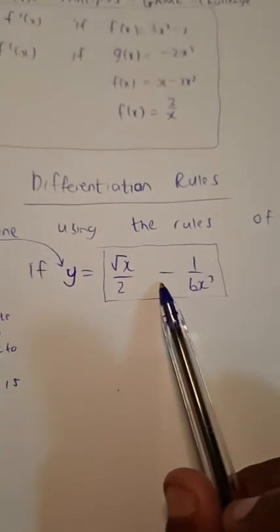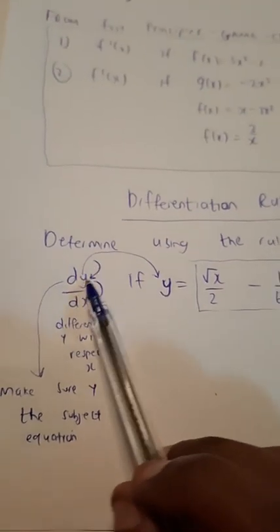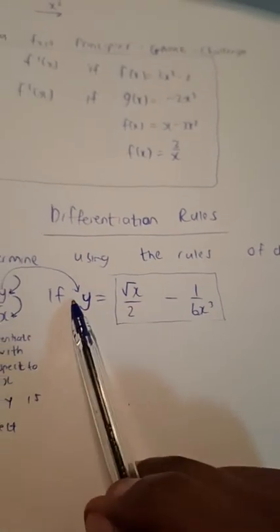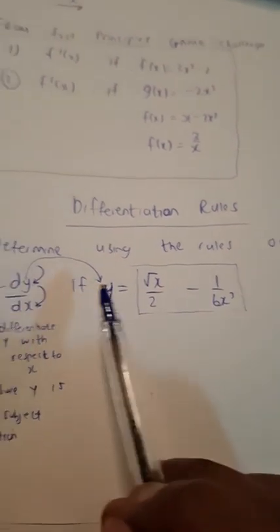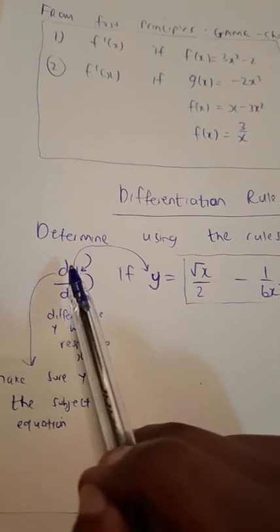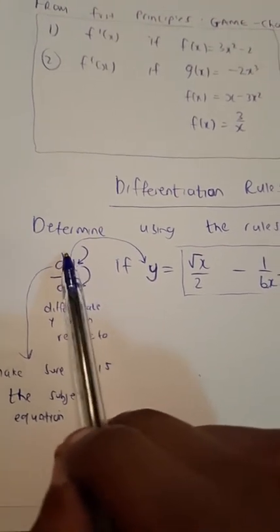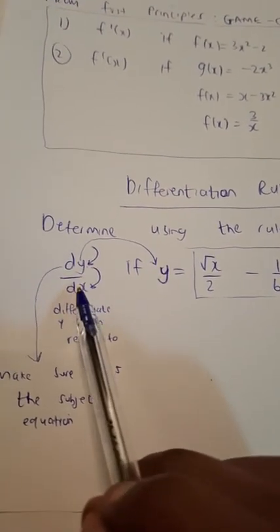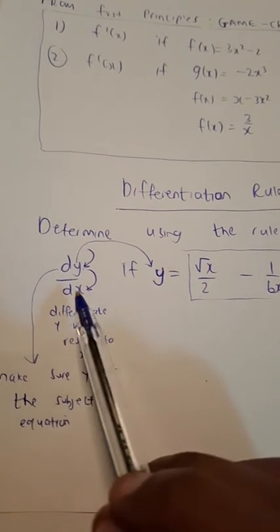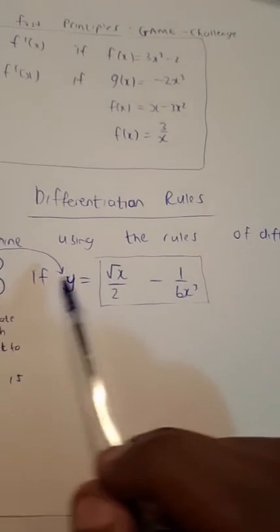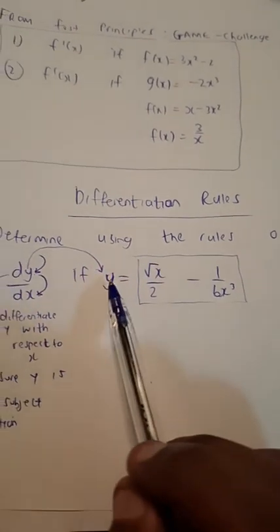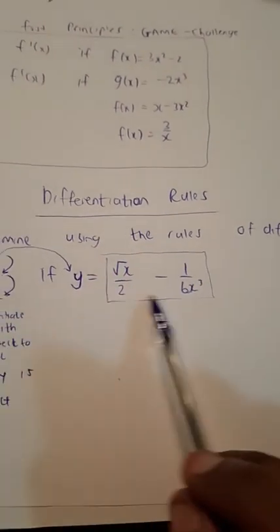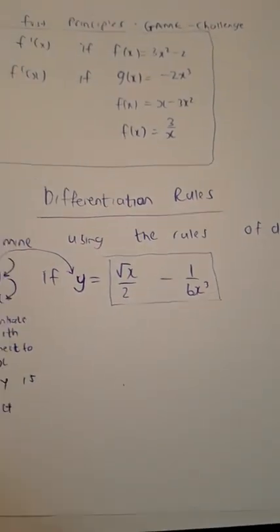So in this situation, if we are going to differentiate y with respect to x, this equation must show me an equation where y is the subject, because the variable at the top next to d means that particular variable must be the subject. The variable at the bottom next to d is the variable that I need to differentiate with respect to. So x cannot be the subject. x needs to be a component part of the expression, which is very important.